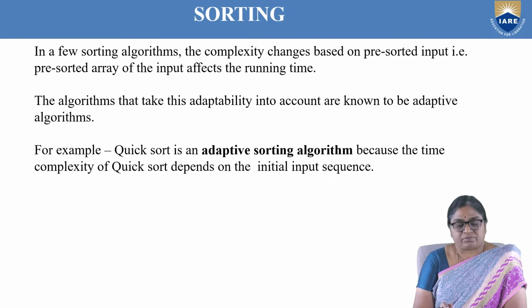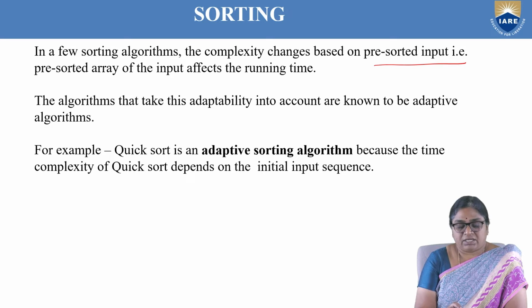Adaptive sorting algorithms. What do we mean by adaptive sorting algorithms? In a few sorting algorithms, the complexity changes based on pre-sorted input. That is, a pre-sorted array of input affects the running time. If the given elements in an array are already in sorted order, then it may affect the running complexity of the sorting algorithm.